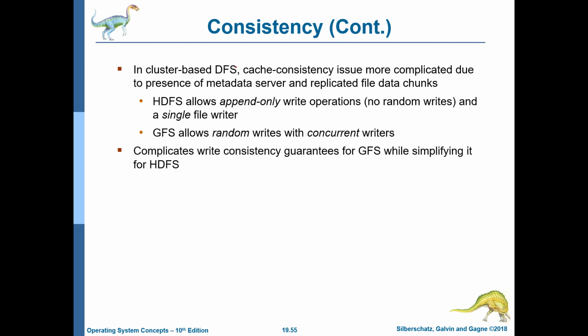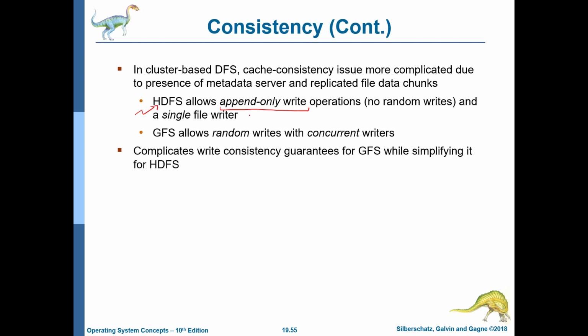In cluster-based distributed file systems of this kind, the issue of cache consistency is way more complicated, and there is a need to slightly relax it, otherwise we will not get good performance. Looking at HDFS, it allows append only write operations, in the sense it doesn't allow random writes and modifications. Furthermore, it assumes that there is a single file writer and the rest read.